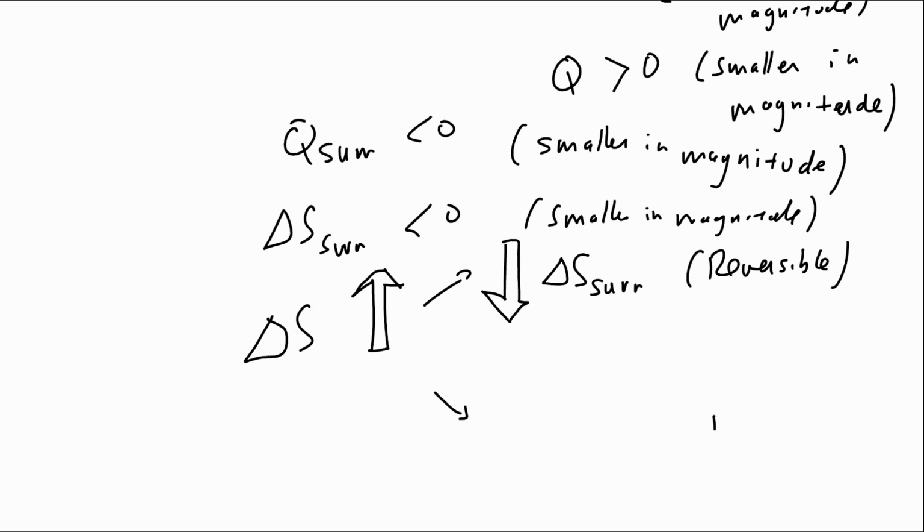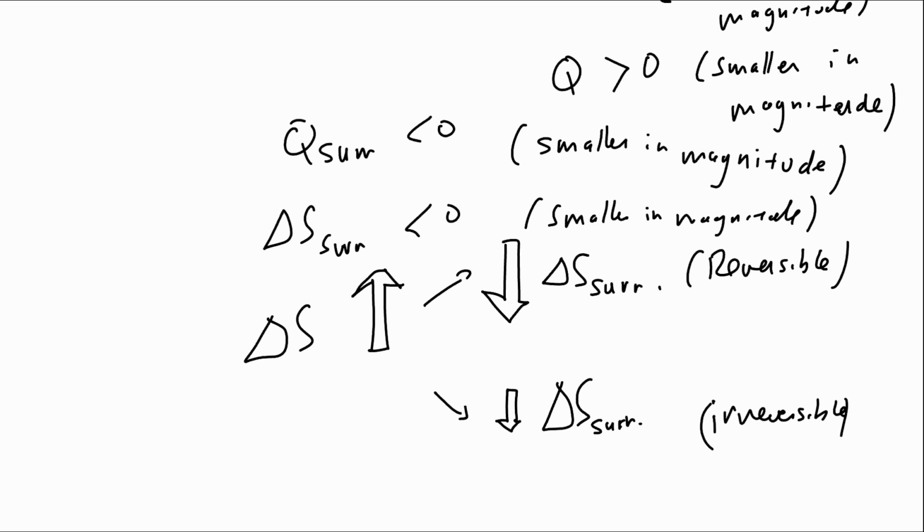But for the irreversible one, here's the delta S of the surroundings. I hope the picture is worth 1,000 words. It just doesn't go down as much, right?